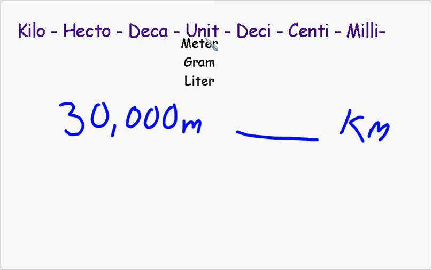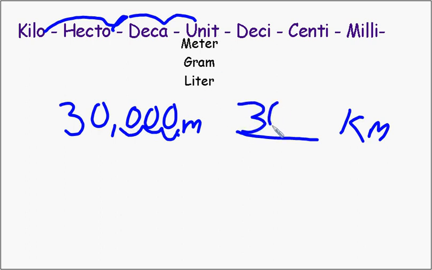I start at meters and I move to the kilometers, and that's 1, 2, 3 places to the right. So my decimal point would be here. I think of it as moving it 1, 2, 3 places to the right. So 30,000 meters is 30 kilometers.